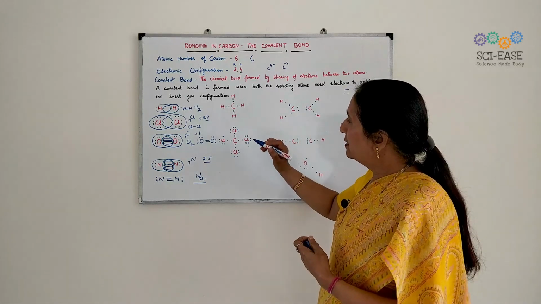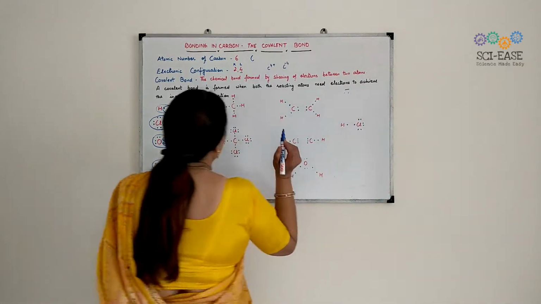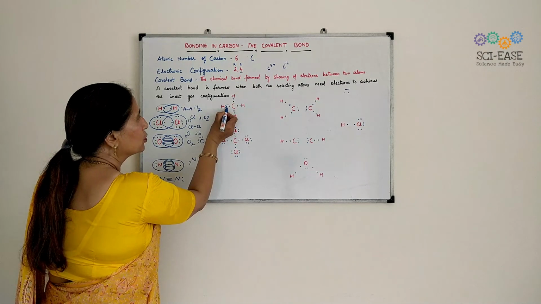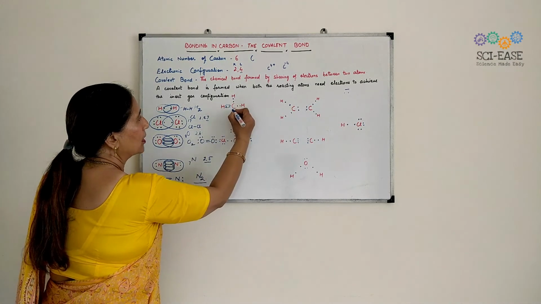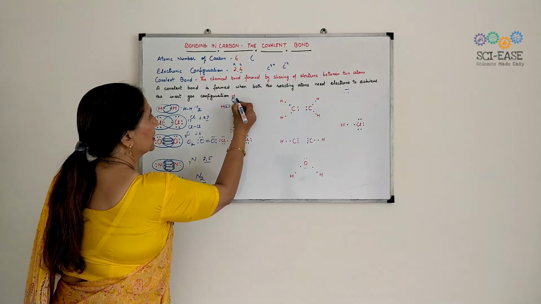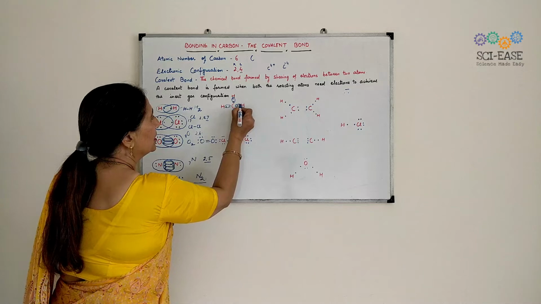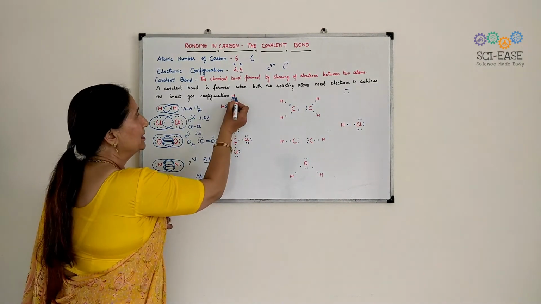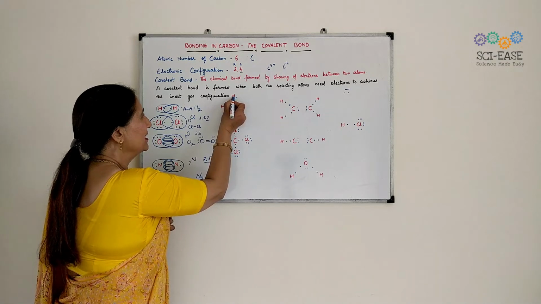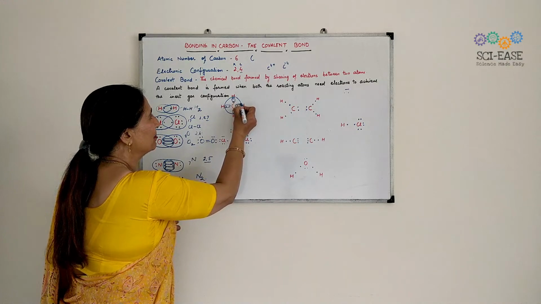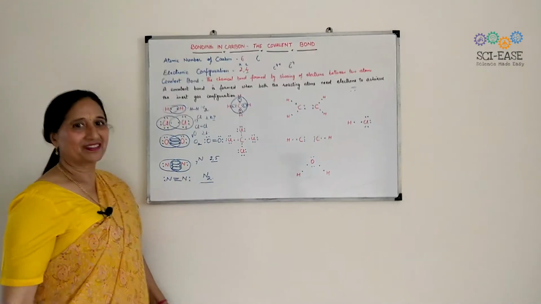So what will be the result? The bond that will be formed between carbon and hydrogen: 2 electrons form a single bond. Here also, and here also. So carbon will share all these electrons, and its octet will be completed.